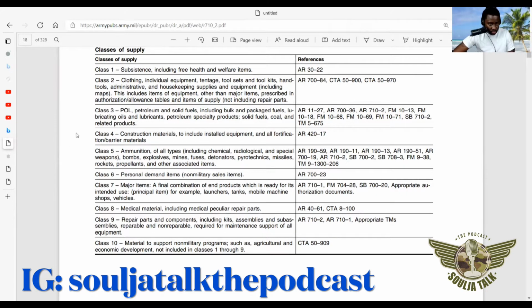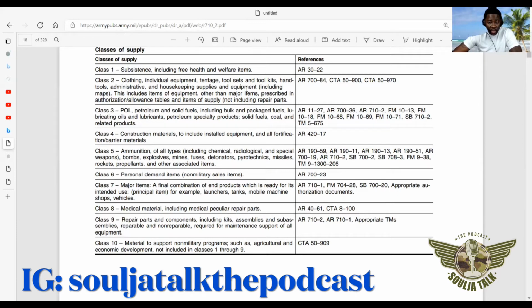So in class 2, class 2 is going to be your clothing, your individual equipment, tentage, tool sets, tool kits, hand tools, administrative and housekeeping supplies and equipment, including maps.